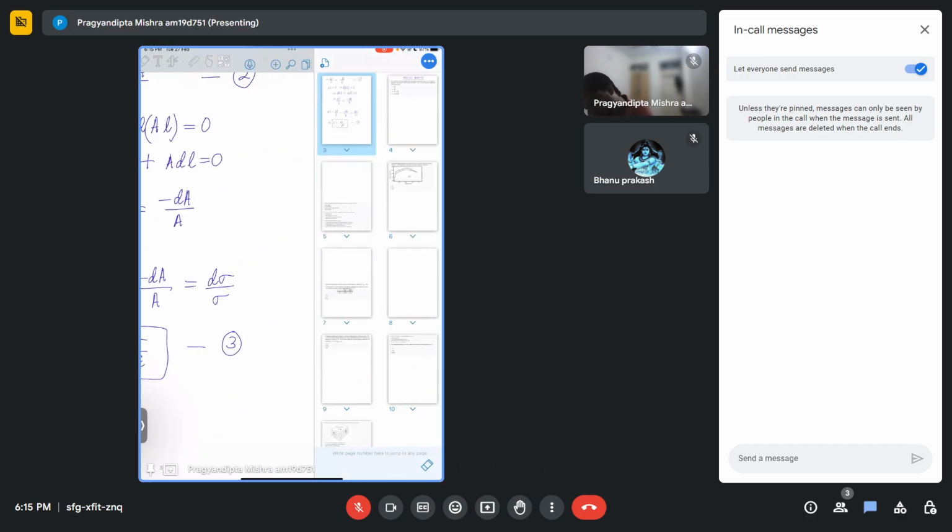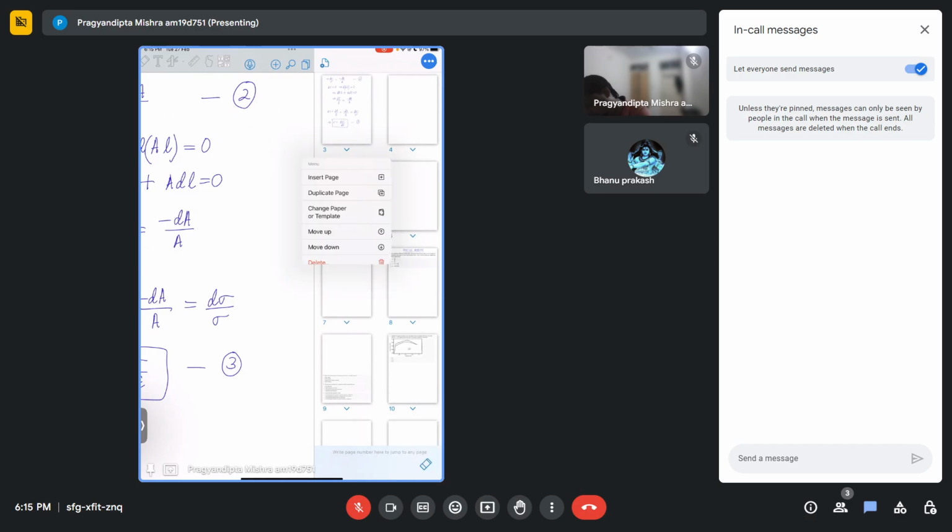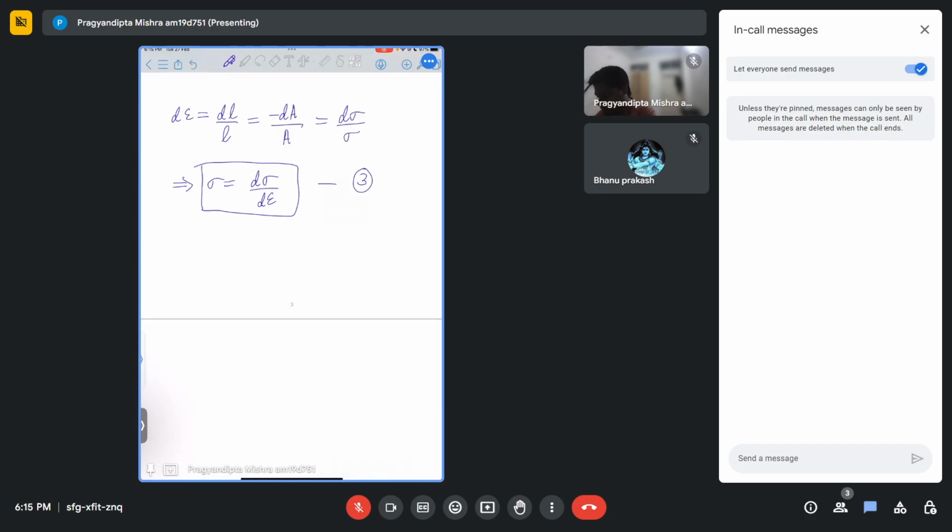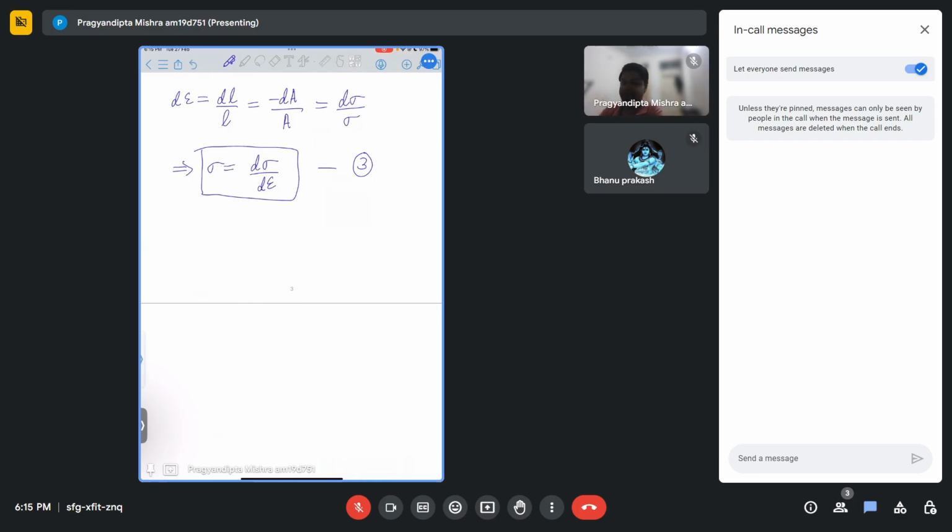Okay, let me add a few pages. Right. Should be sufficient. Okay. So we already have the flow equation, right? K times epsilon to the power n is equal to flow stress. Now if I use that, then d sigma by d epsilon would be equal to K times n into epsilon to the power n minus 1, right?